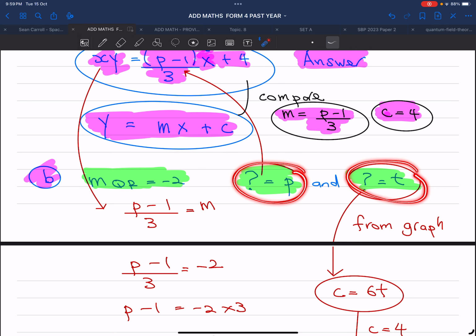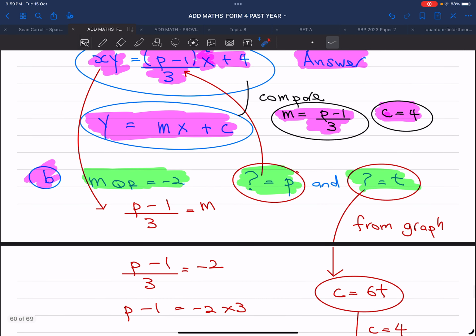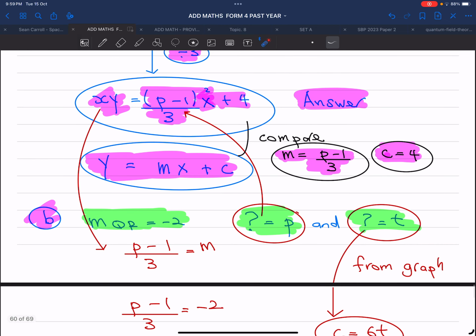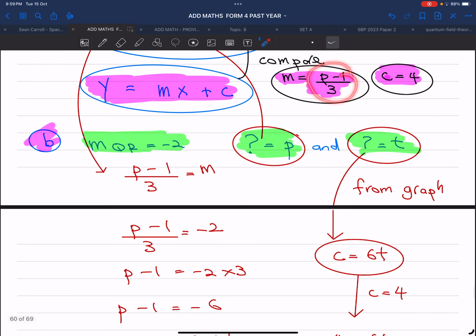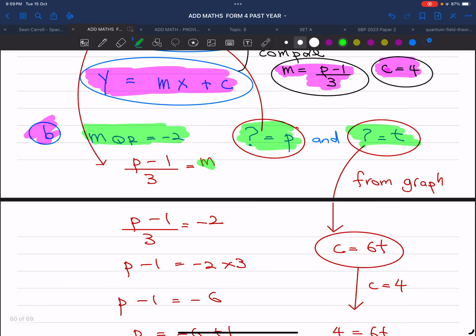As usual, we start from what they ask. They are asking p. I go to the information involving p, which was this: m equals p minus 1 over 3. And we are already given that the gradient m is negative 2.